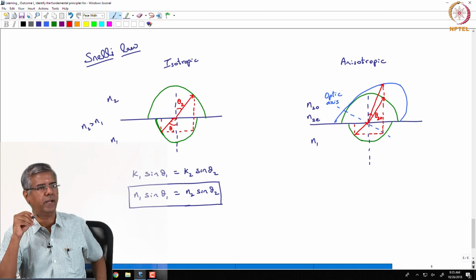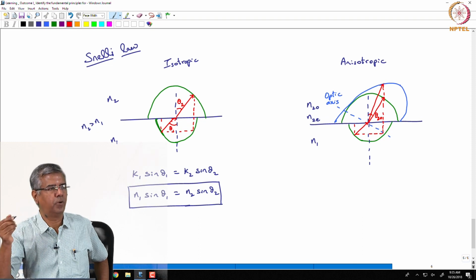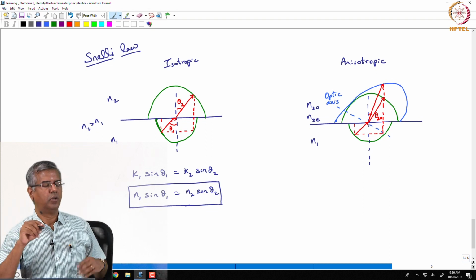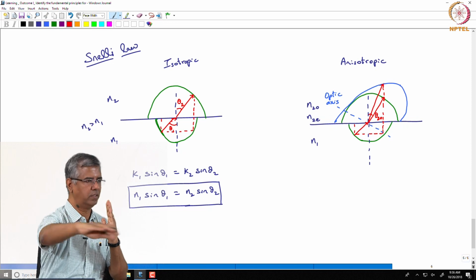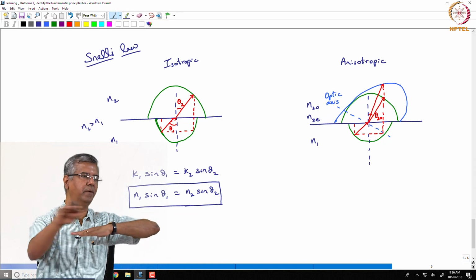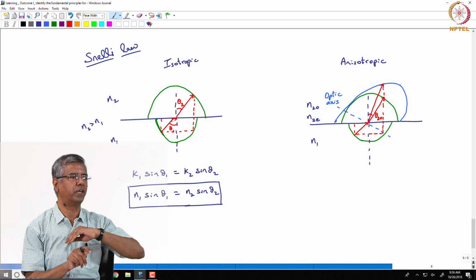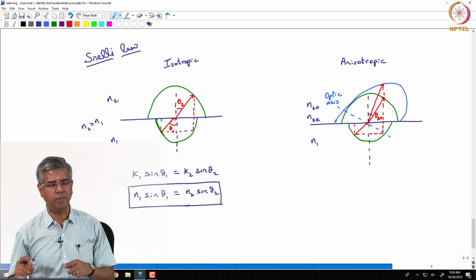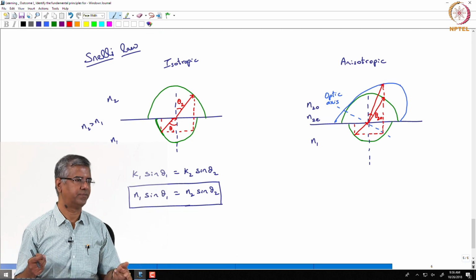But there is one more in the perpendicular axis. The perpendicular polarization sees a different medium effectively. So, if I have this polarization, it sees this normal medium, but this polarization sees a medium which is birefringent, which actually has that index ellipsoid. That medium will satisfy Snell's law in a different manner.